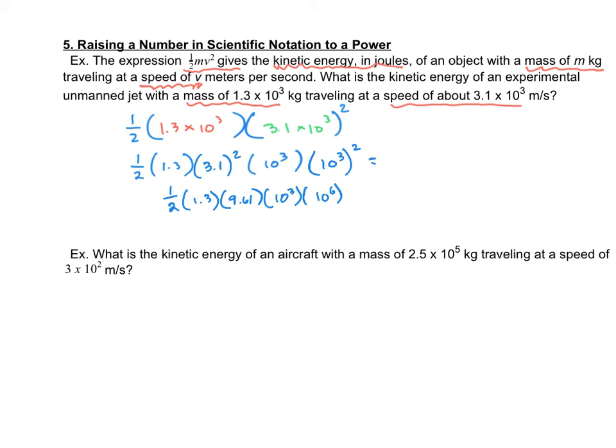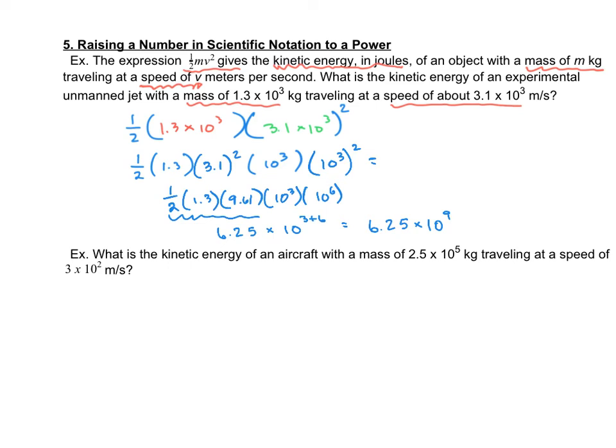So all of my numbers here end up becoming 6.25 times 10 to the 3 plus 6, which is equal to 6.25 times 10 to the 9th in scientific notation.